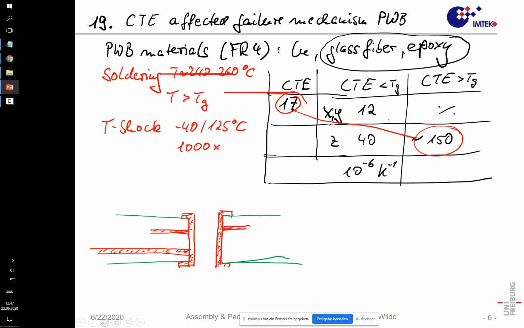What will happen then? We can see the crack in the corner. Not yet. We must go stepwise in order to analyze the problem.